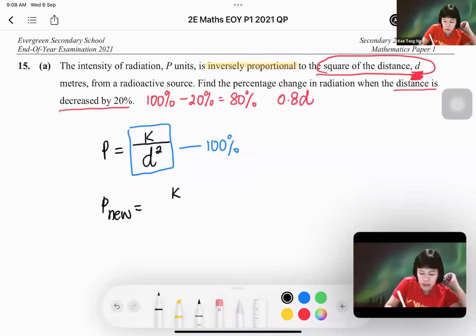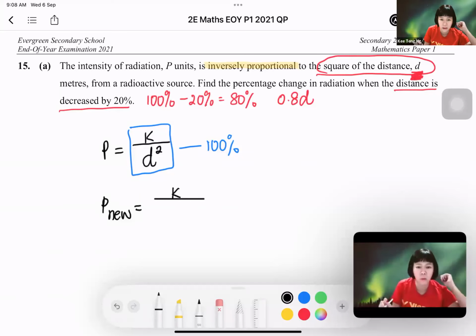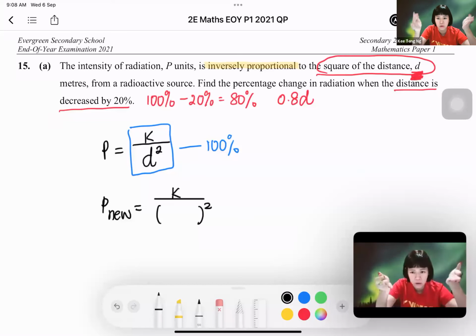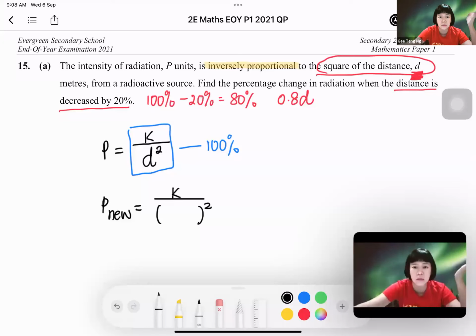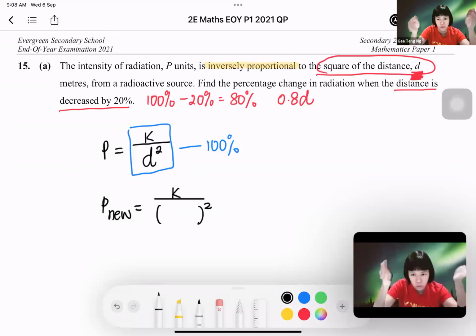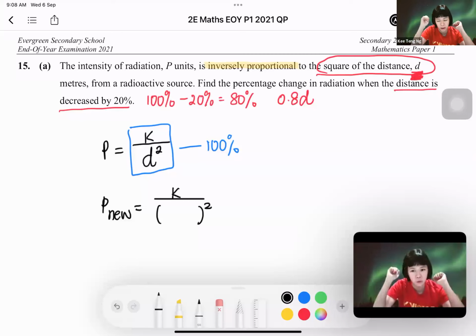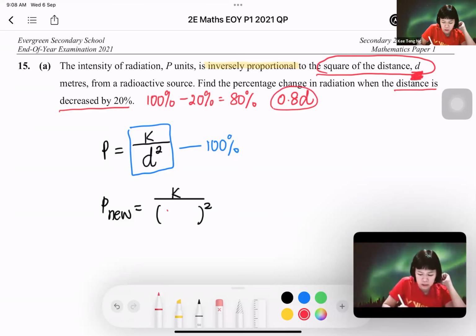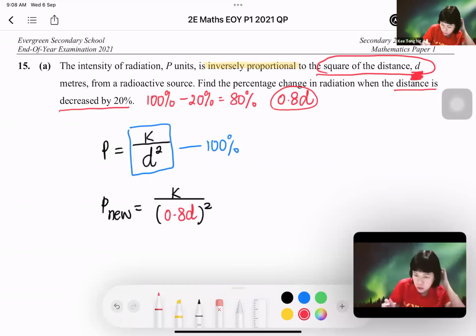So K over, right, what happened to the D? This whole thing is D squared. Remember, put the brackets for the whole thing, because the new percentage itself also has a difference in the value. So it's the whole new value for D with a bracket squared. So now what is the new value for D? My new value of D is 0.8 D. So I'll put my 0.8 D, the whole thing squared.